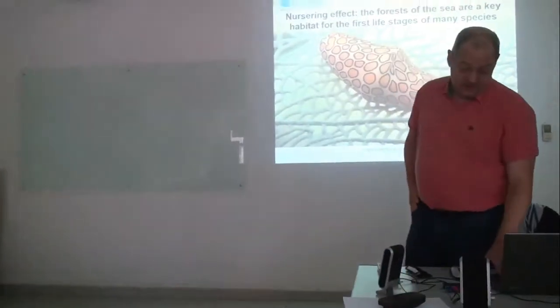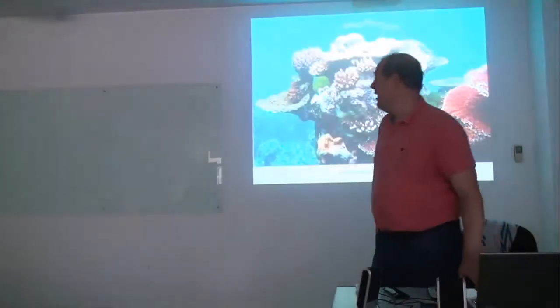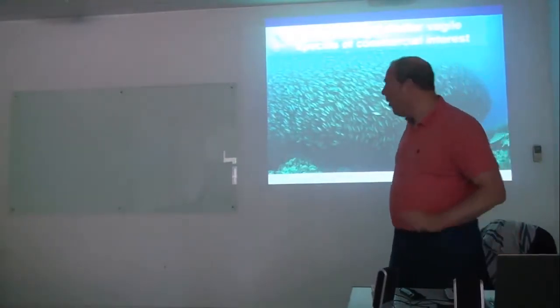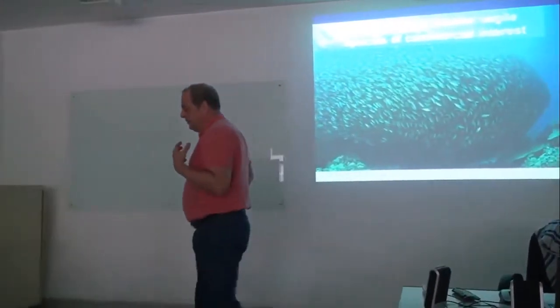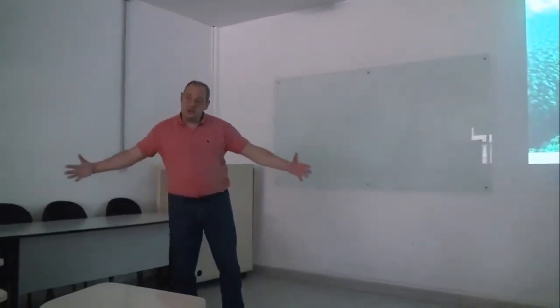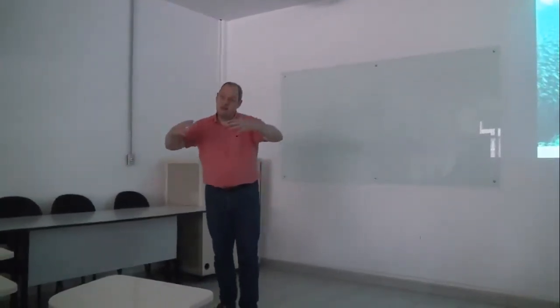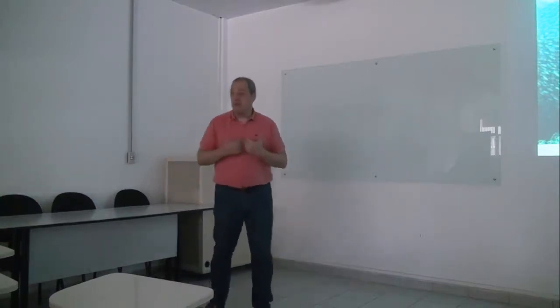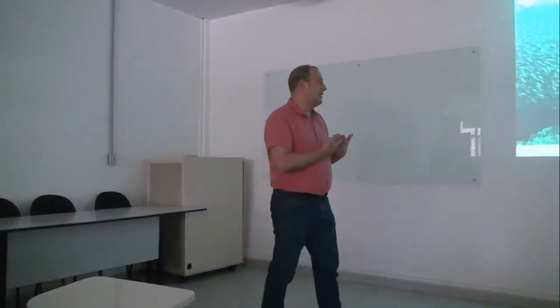The animal forest has a quite important role for many fisheries, because the marine animal forest is gathering fishes, crustaceans, and also mollusks and echinoderms that are part of the food that we are taking.